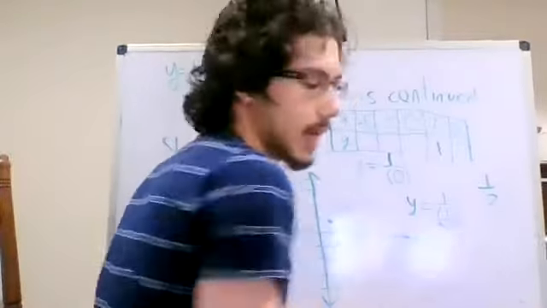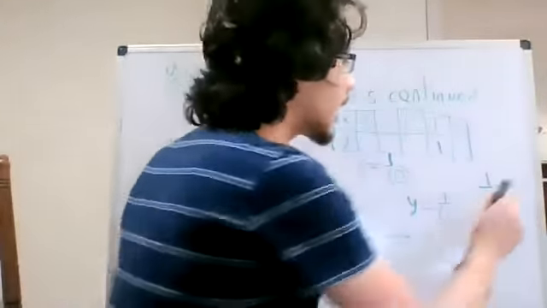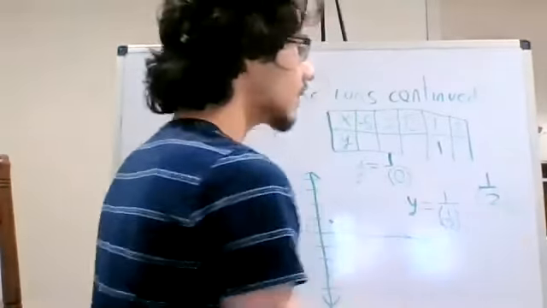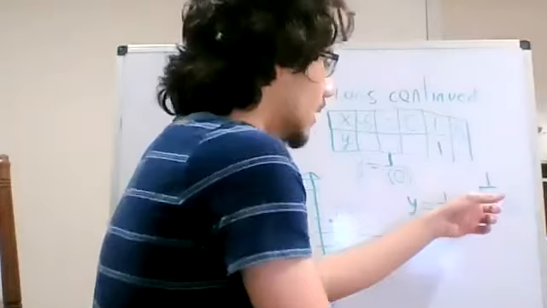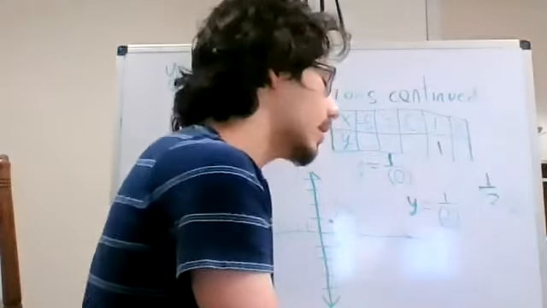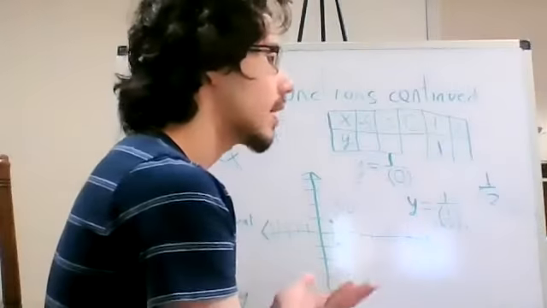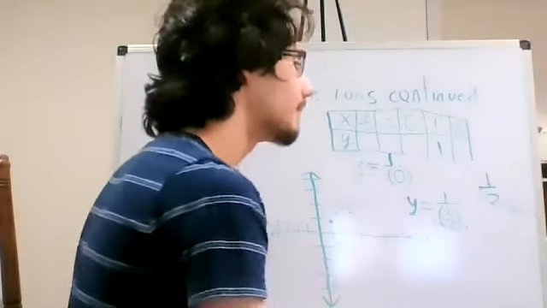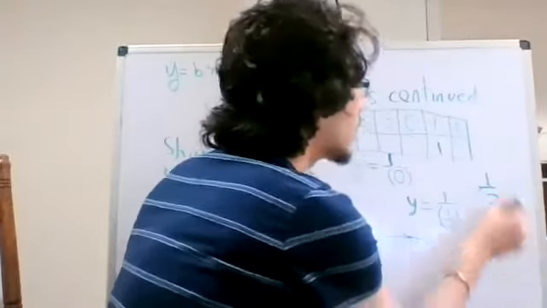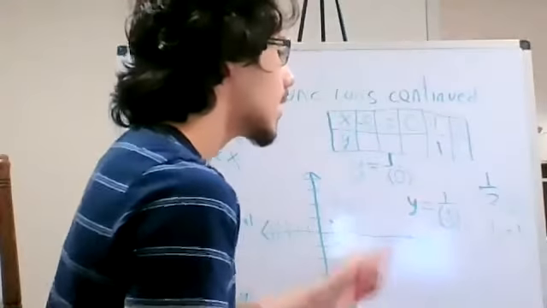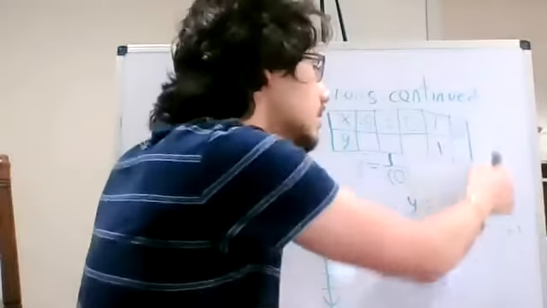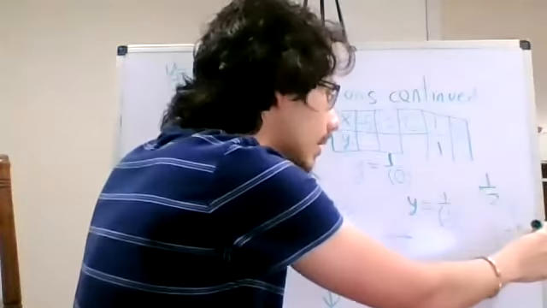Let's think about it this way, however. What would happen if we divided the denominator? Well, it was 2 originally, and if we divided that by 2, we know 2 over 2 is 1, because anything divided by itself is 1. So this will come out to be 1 over 1, which is 1. We did this before. So when we divided the denominator, originally it was 1/2, but now it's 1.